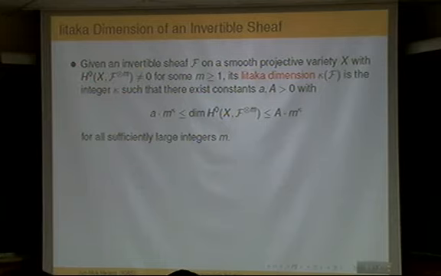For a given invertible sheaf F on a smooth variety, if it has some section after taking some power, then we say that the Iitaka dimension of the invertible sheaf is the integer k, which measures the rate of growth of the sections as we take tensor powers of the invertible sheaf. But this is exactly the same as what Kodaira defined as the Kodaira dimension of the invertible sheaf.